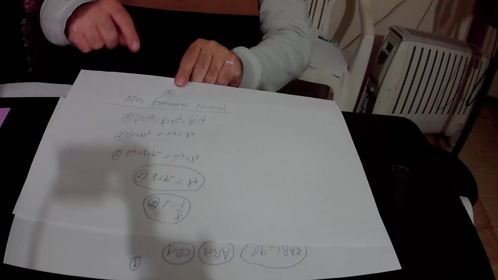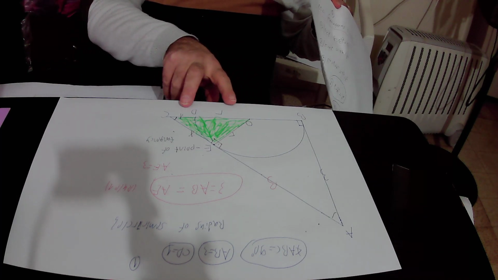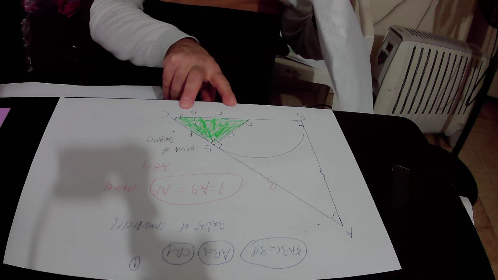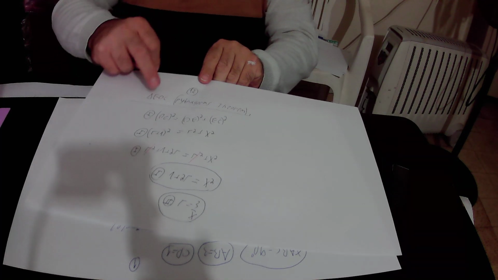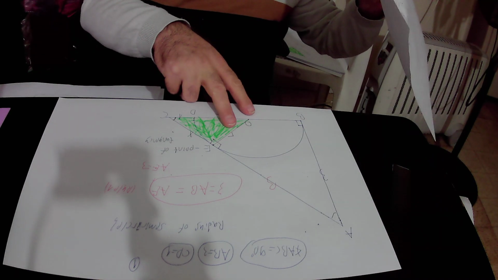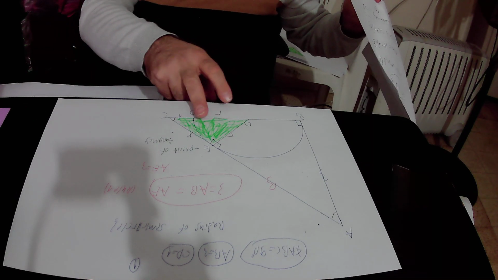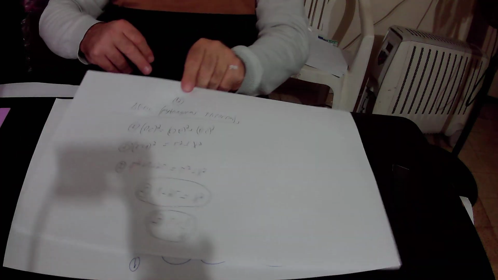Actually, OC equals R plus 1, and so OC squared is R plus 1 squared. OE equals R, therefore OE squared equals R squared, and EC equals X, according to our definition. Therefore, EC squared equals X squared.